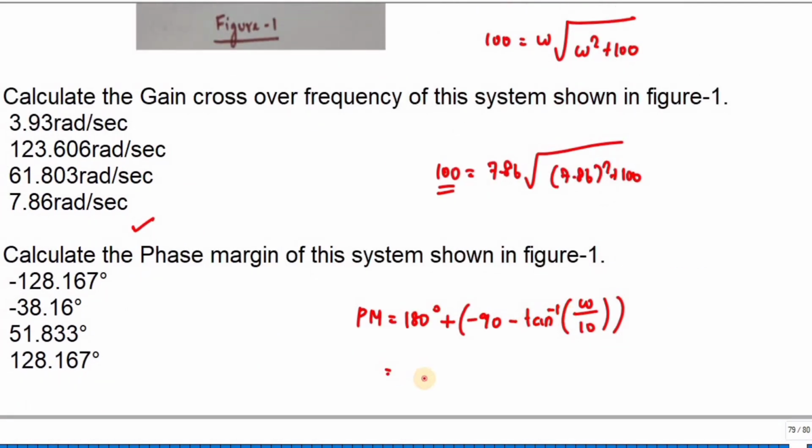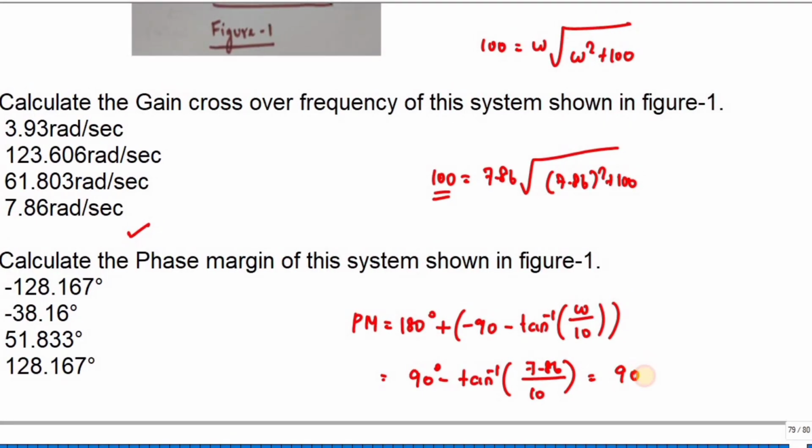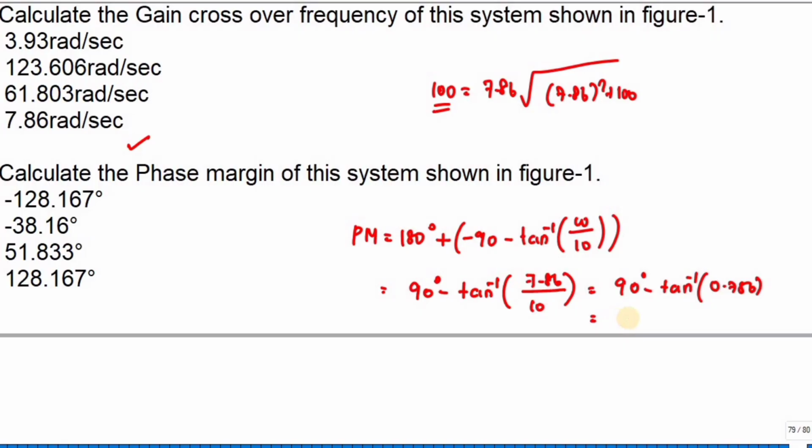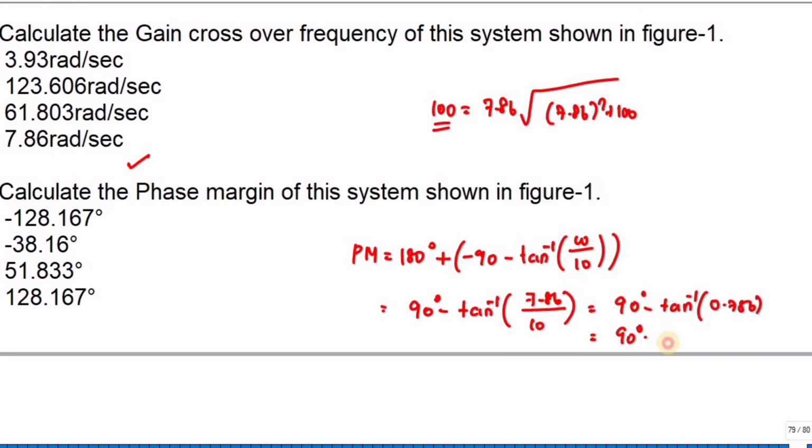So the omega value is 7.86 by 10. On equating, I will get the answer as 90 degree minus tan inverse of 0.786. So the value of this one is 90 degree minus 38.173. So you get the answer as 71.833. So this is my answer.